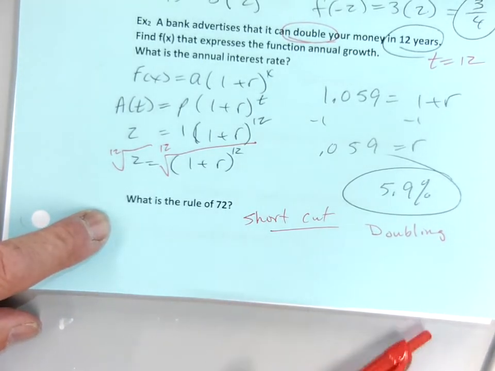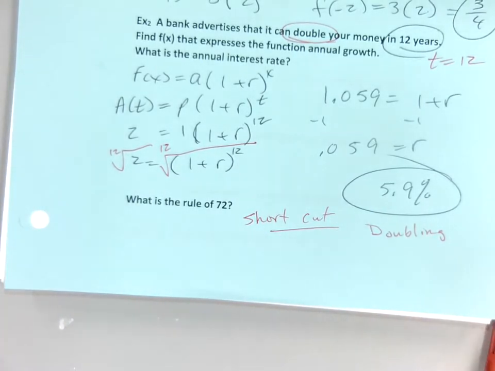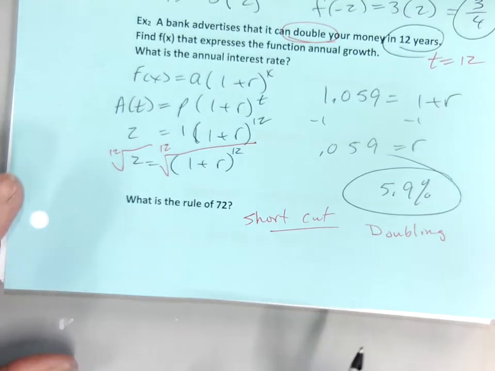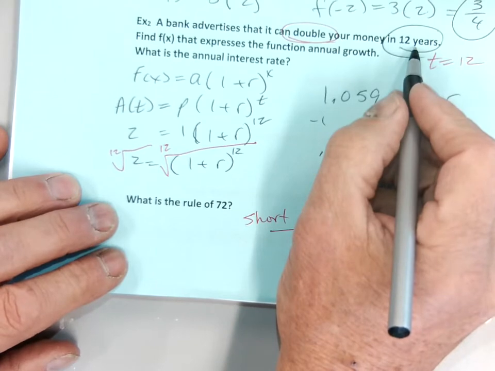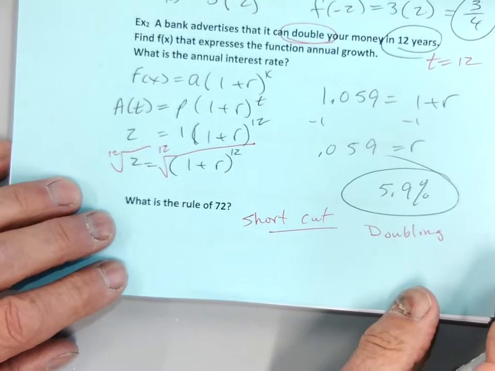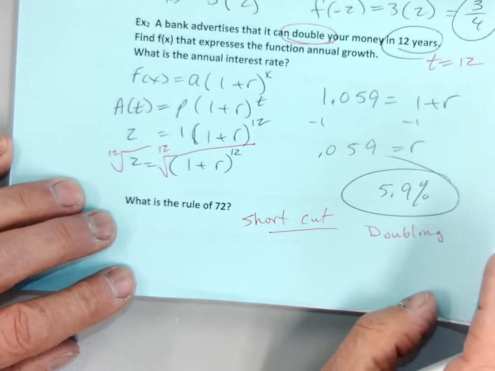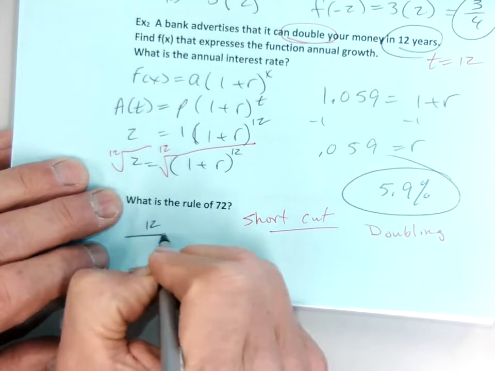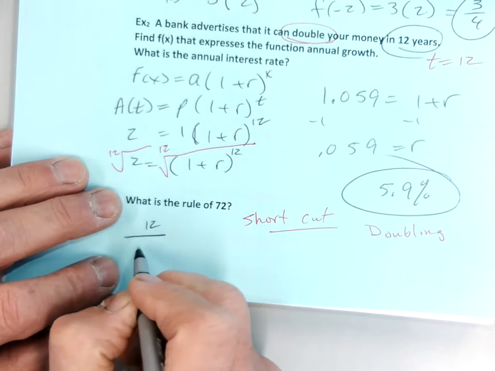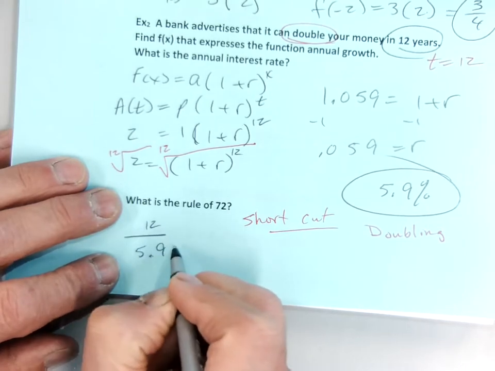The banking rule says you take your amount of time, which is 12 years, and you divide it by your interest rate, okay? So you want to find out how long to double. So if I take my amount of time, which is 12, and you divide it by your interest rate, which is our 5.9, okay?